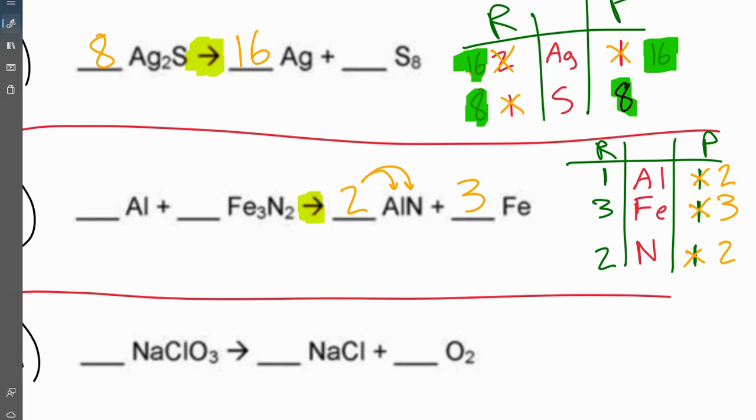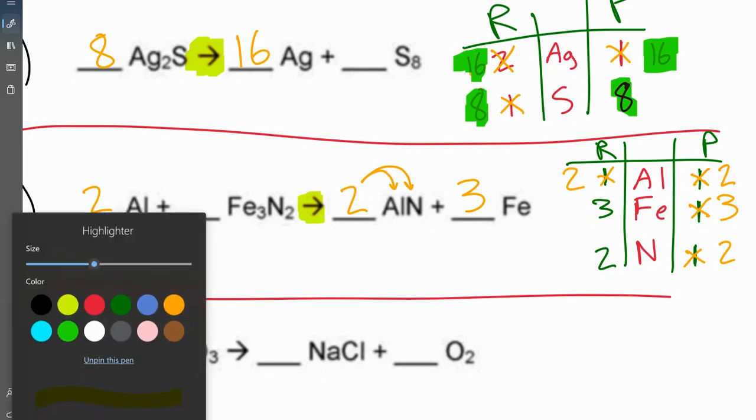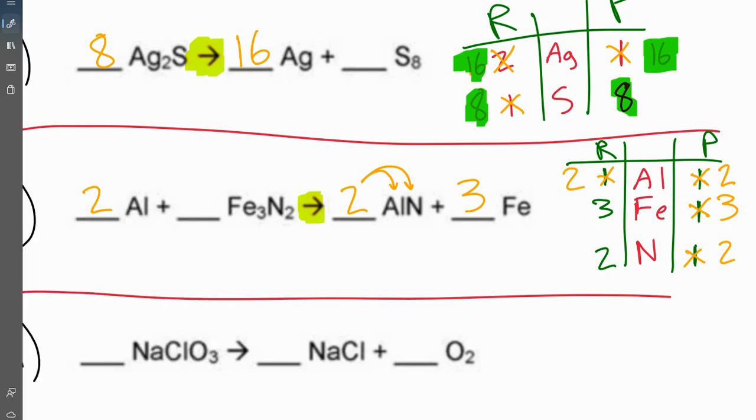Now we need to change that in the reactants. So aluminum here, instead of 1, we need 2. So we can multiply that by 2. Okay, now 2 aluminums in the products and in the reactants. 3 irons in the products and in the reactants. 2 nitrogens in the products and in the reactants.